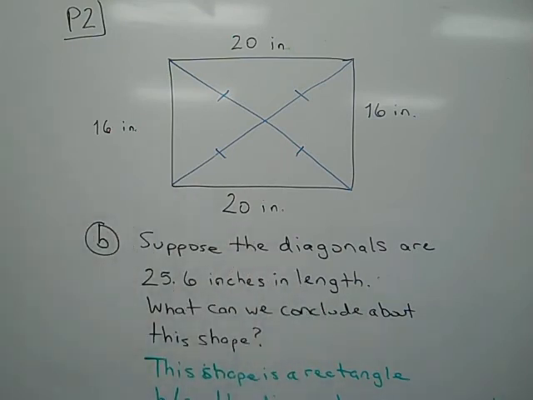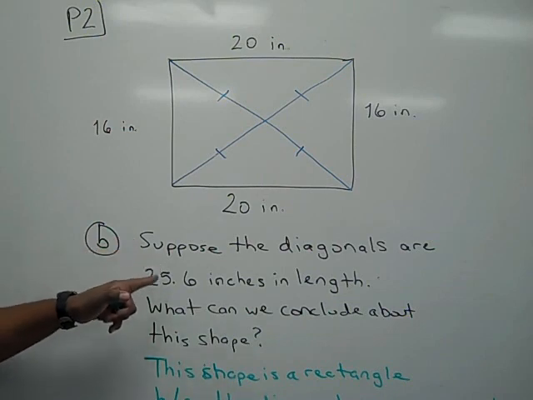All right, so now we can say that we have four right angles and sides are congruent on opposite sides for both pairs. We can now say it's a rectangle because of the fact that the diagonals are indeed congruent.